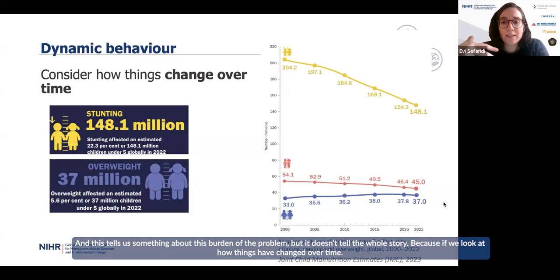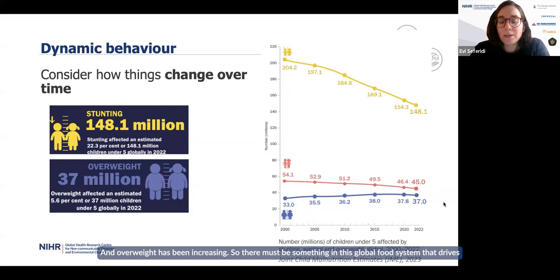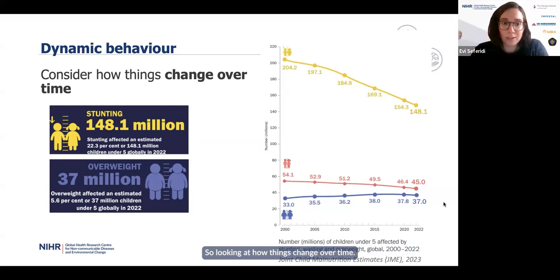Because if we look at how things have changed over time, we will see that stunting has reduced quite significantly over the last 20 years, and overweight has been increasing. So there must be something in this global food system that drives this change over time in stunting and overweight. Looking at how things change over time can really help us understand the problem.